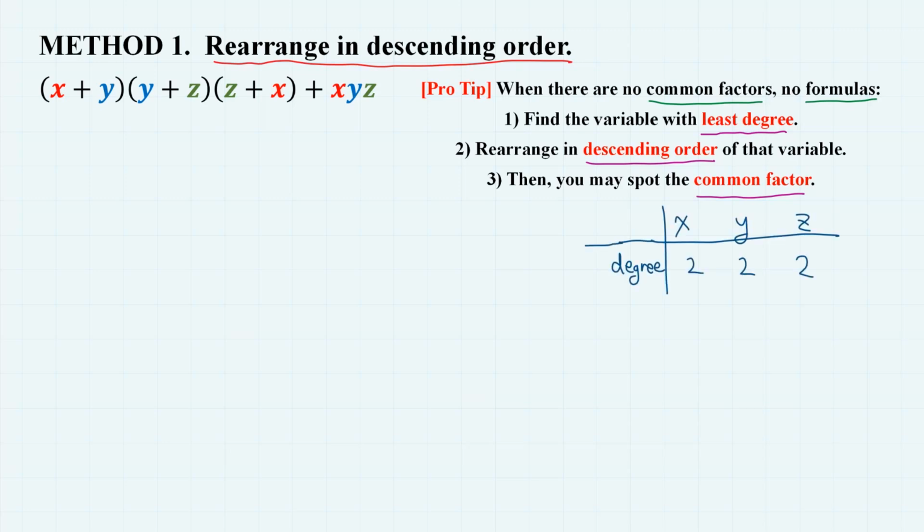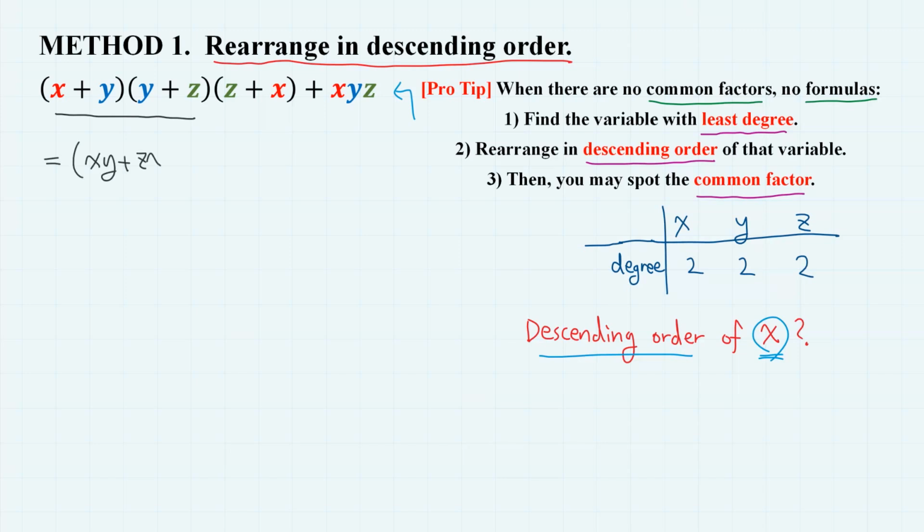Here, x, y, and z are all of degree 2, so we can pick whichever variable we like among x, y, and z. Therefore, let's pick x. That is, we expand this polynomial and rearrange in descending order of x. So if we expand this part, we have xy + zx + y² + yz.